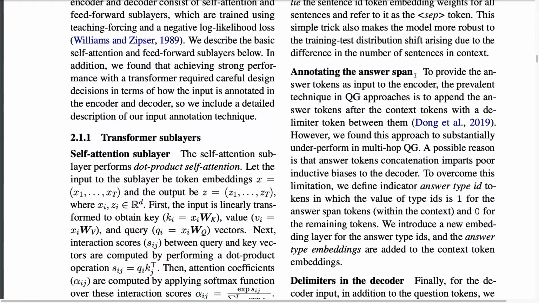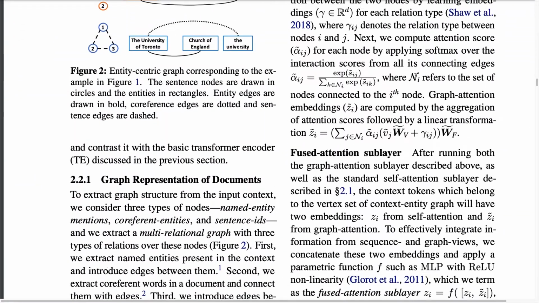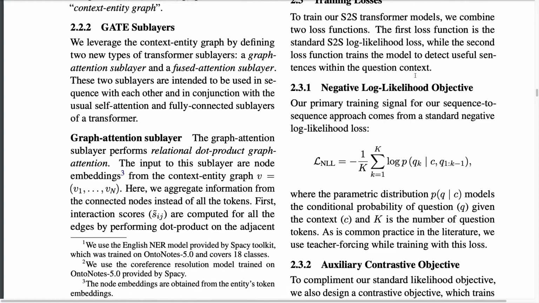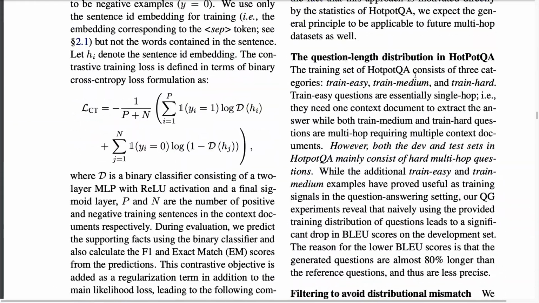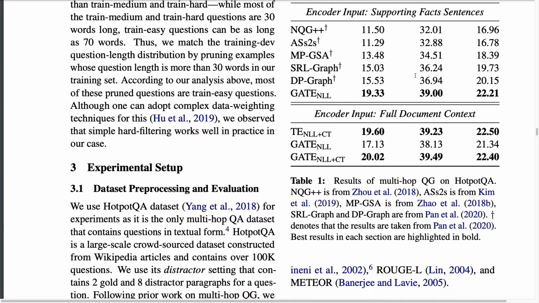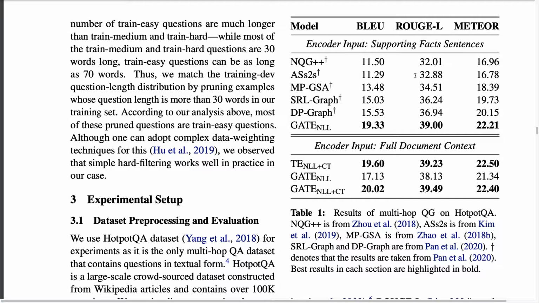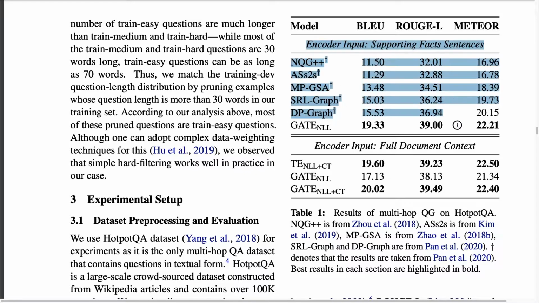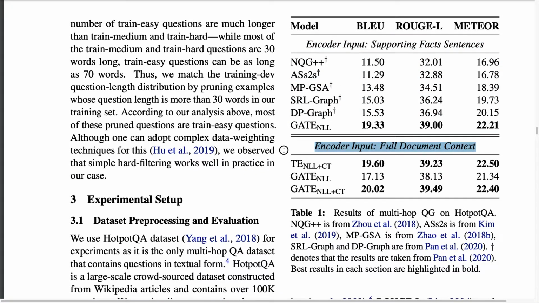So moving on to some experiments presented in the paper. The authors use the HotpotQA dataset, which is a recently proposed dataset for this multi-hop question generation. And there are two types of training approaches.